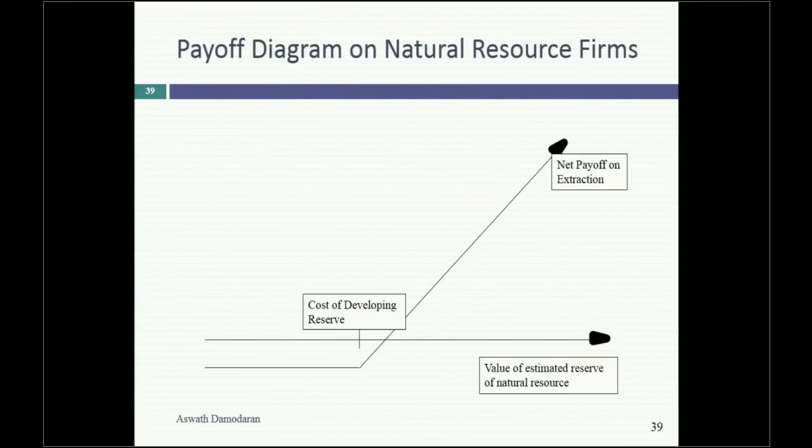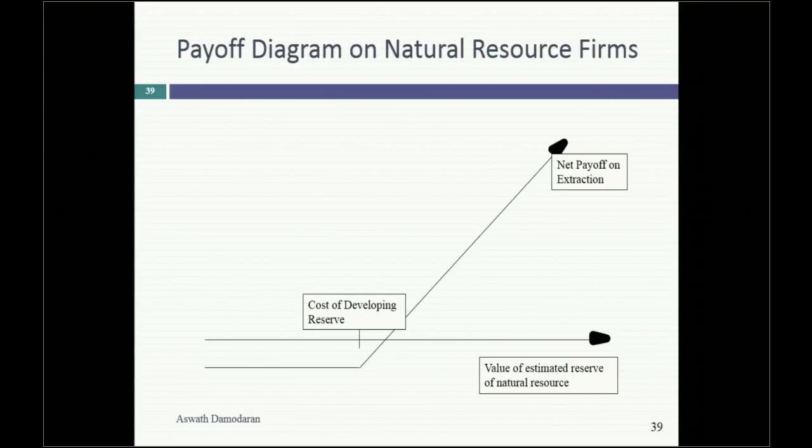If I were to draw this as a payoff diagram, it's a call option. The underlying asset is the oil under the ground, the gold under the ground, the iron ore under the ground. You will develop the reserves only if the value of the reserves exceeds the cost of developing the reserve. That becomes a strike price. Well, is it possible that you have undeveloped reserves that could stay non-viable for the rest of time? Sure.